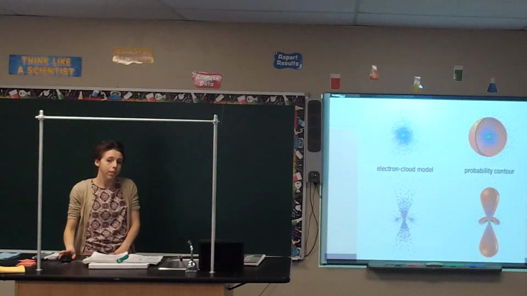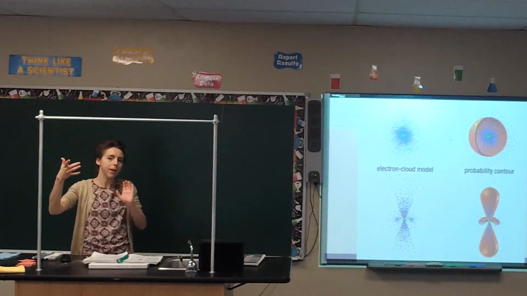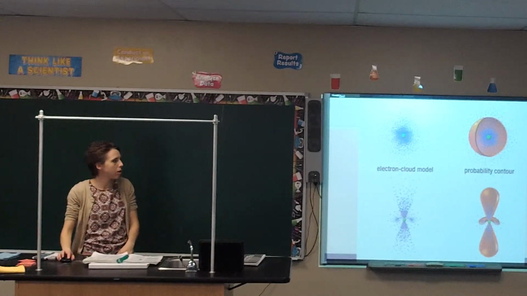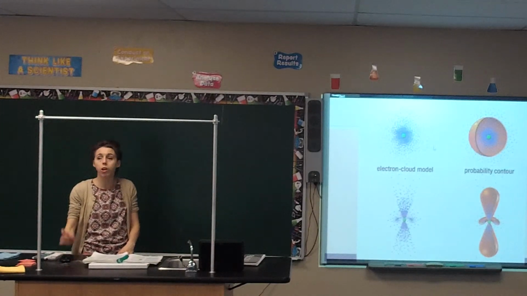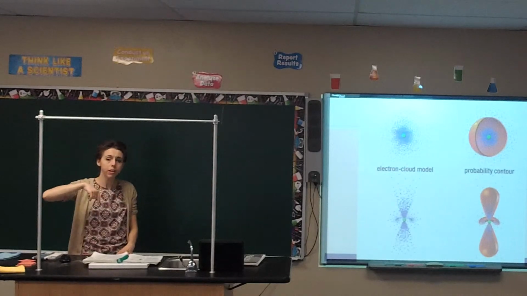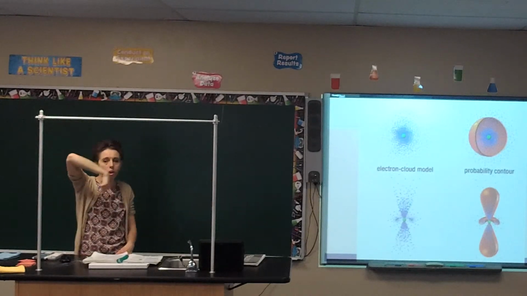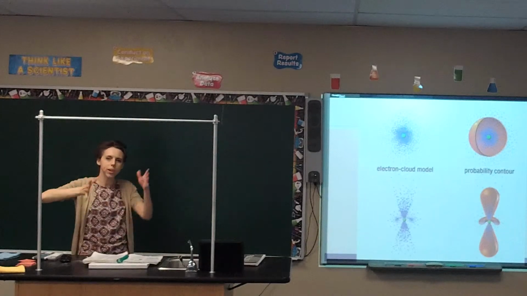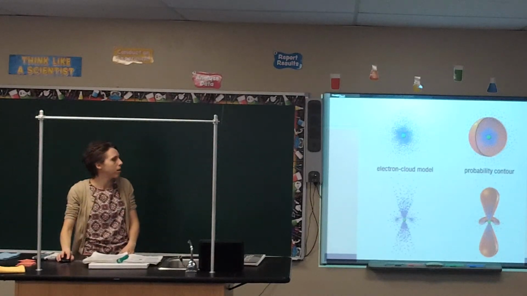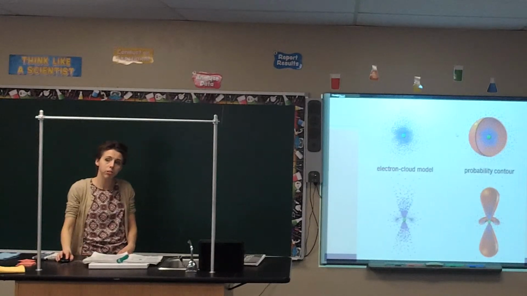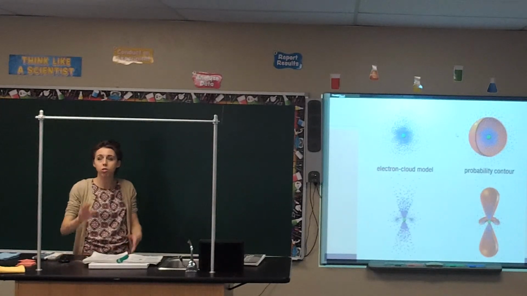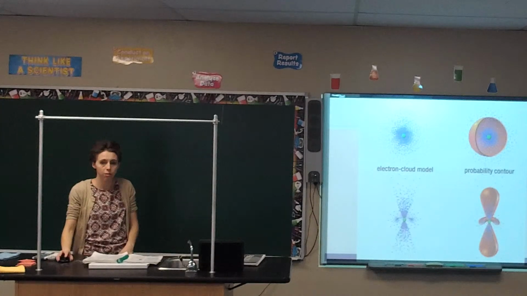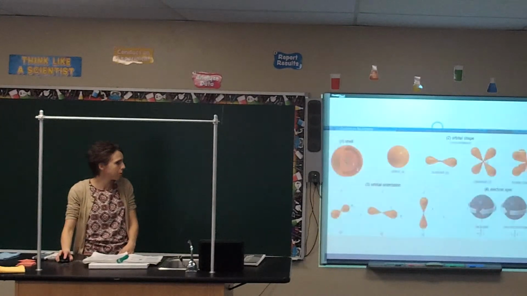So there's a high probability of finding electrons in a certain spot, and we call those orbitals. Not orbits anymore, because orbits have the idea of being locked into a circle. Orbitals have the idea of being in a region, so we're not sure where, but it's somewhere in this region. Probability contours are the shapes we draw around the regions to represent the shape of the orbital. Whoops, too fast.